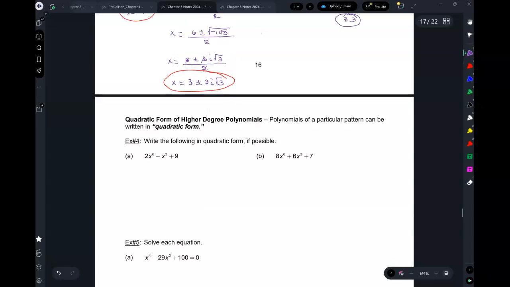If you have a polynomial like x squared plus 5x plus 6, you can factor it like that. The reason why you can factor it, let's look at the pattern here. You have a constant, then you have a variable to some exponent, then you have the variable to the exponent times 2.